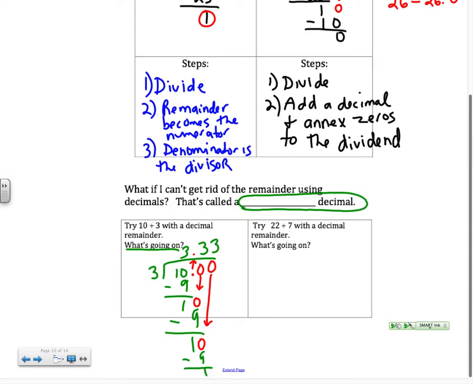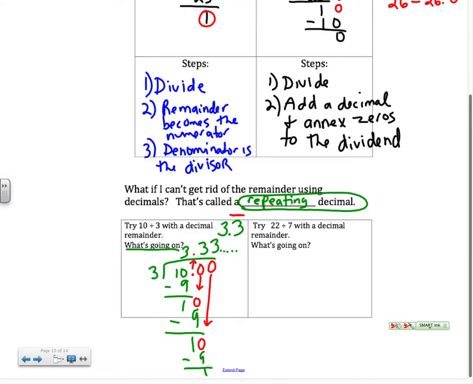This 3 is repeating. It's going to go on and on and on, never ending. So that's called a repeating decimal. Now in math, we have a notation for that. That would actually be 3.3 with a bar over the 3. That tells us that 3 is a repeating digit.